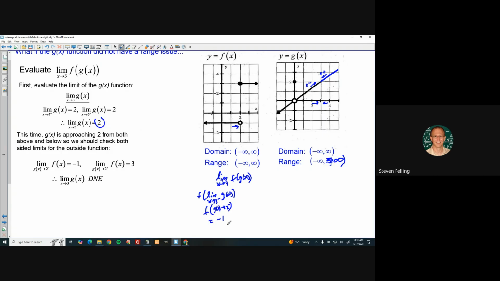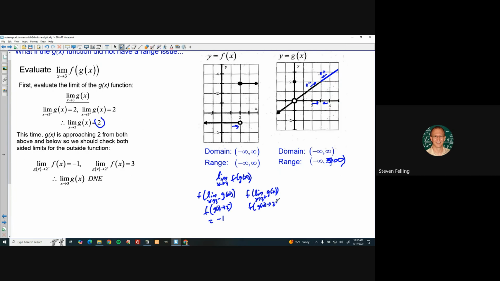And then if I wanted to try the limit on the right-hand side, that would be f of the limit as x approaches 3 from the right of g of x. And that means that if x is approaching 3 from the right, g of x is approaching 2, but from the right.